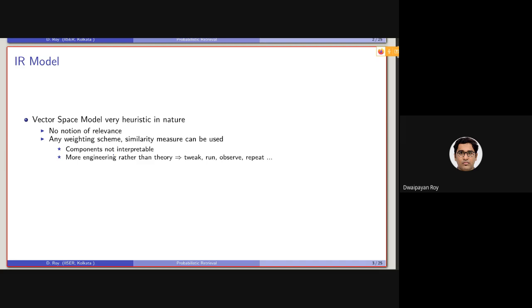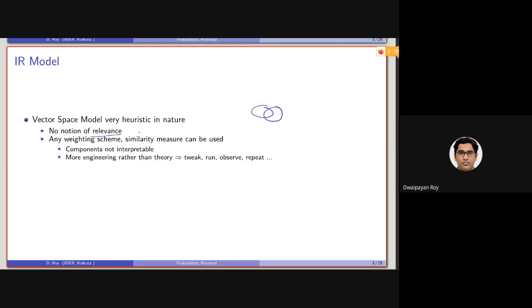There is no notion of relevance here, and relevance can be a very uncertain process. That is, a document can be considered relevant from some perspective and non-relevant from some other perspective. So as such, we are only considering the term overlap. There is no notion of relevance here.